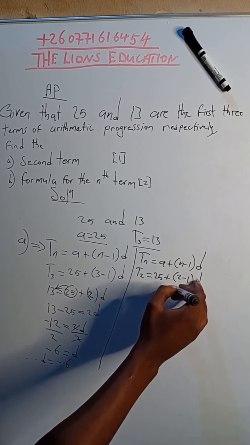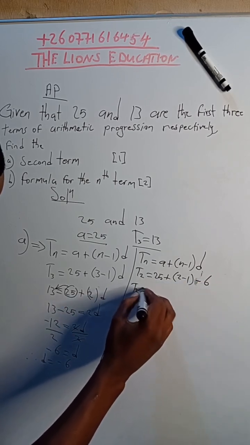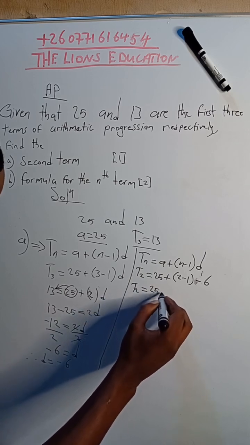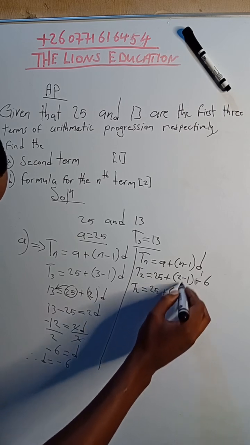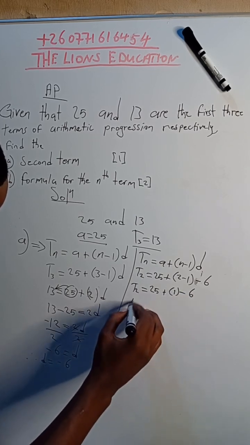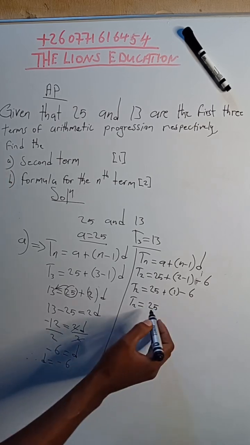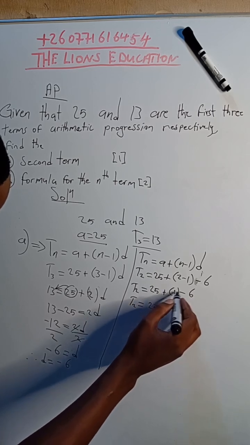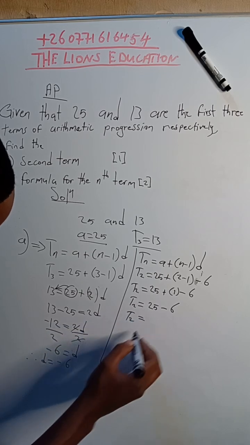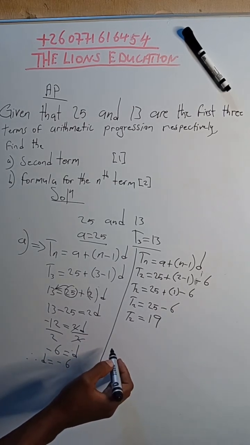Then the difference we have is negative 6. So term number 2 is equal to 25 plus, in the bracket there we'll have 1. Okay, like that. When you multiply here, you get negative 6. So term number 2 is equal to 19. Okay? You put your 19 there.